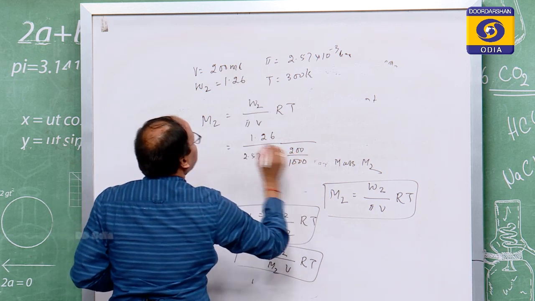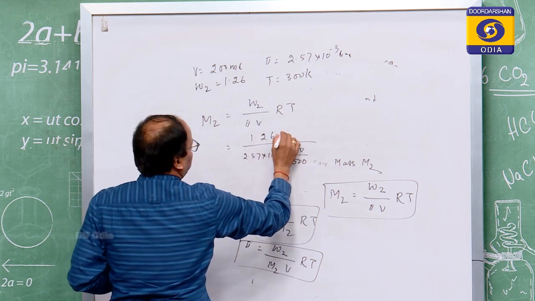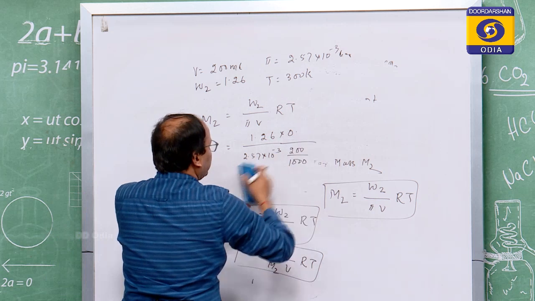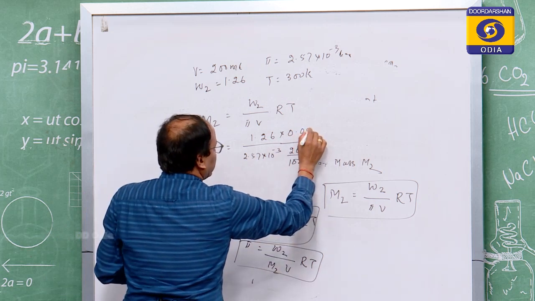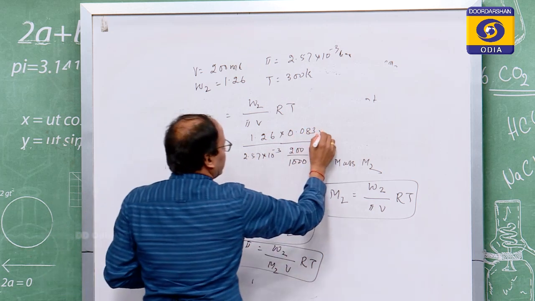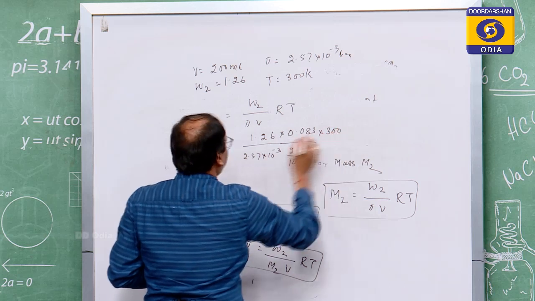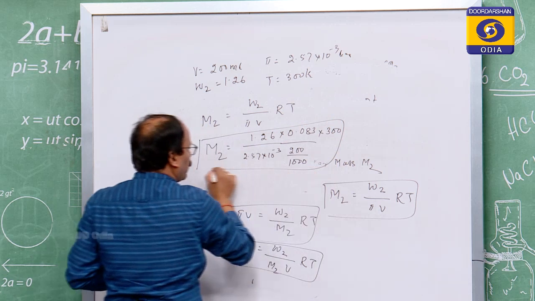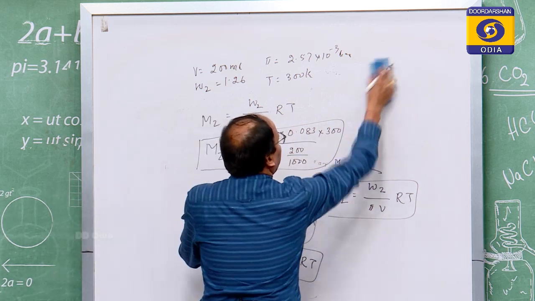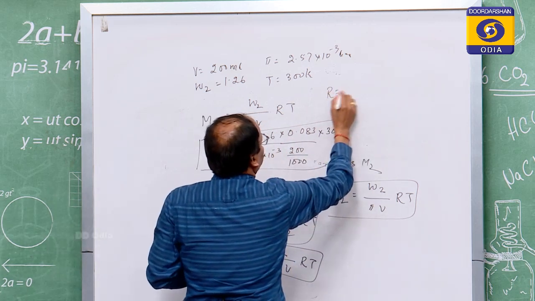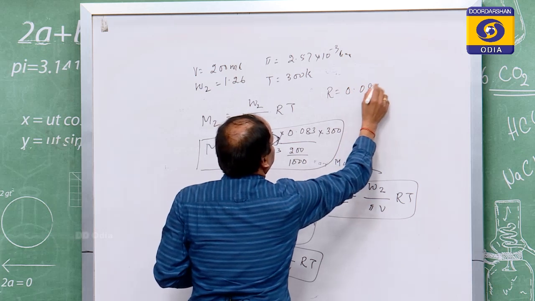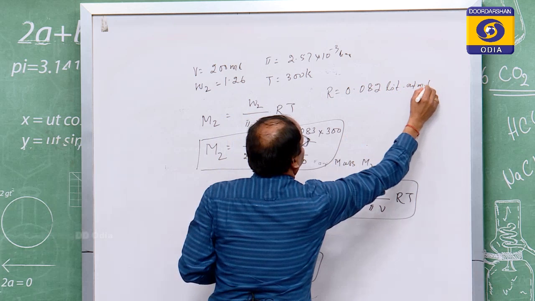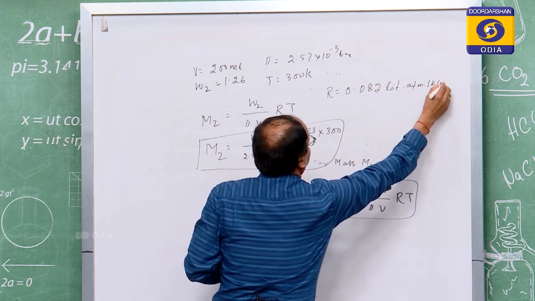Then R is the universal gas constant, 0.083, then T is 300. So, from this you can calculate the molar mass of the solute. This is the way to calculate molar mass. R is equal to 0.083 liter atmosphere per Kelvin per mole.